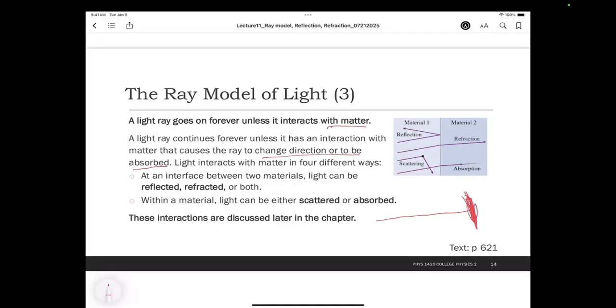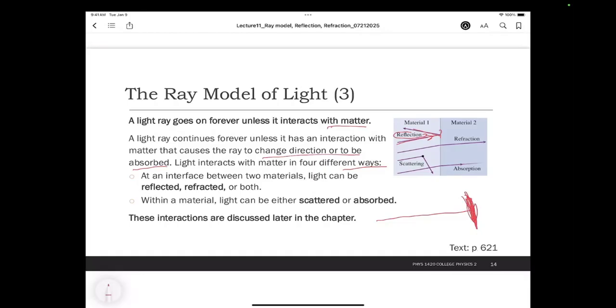Light interacts with matter in four different ways. One is reflection. If the light rays meet a surface, the light will be reflected.